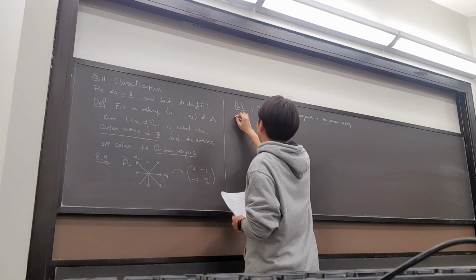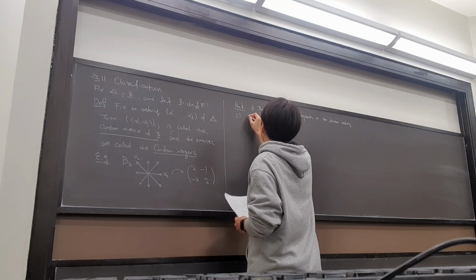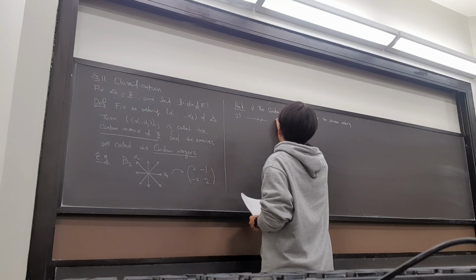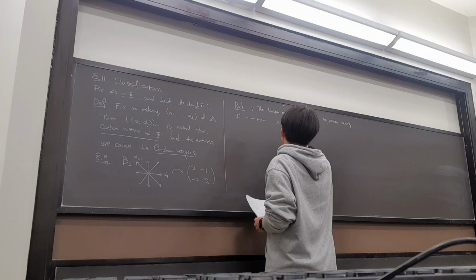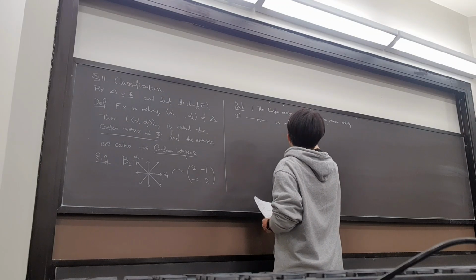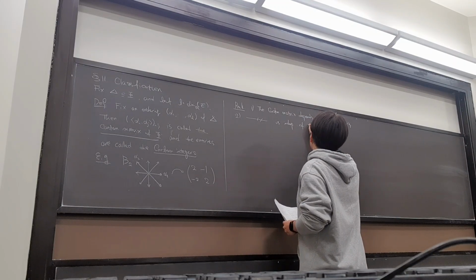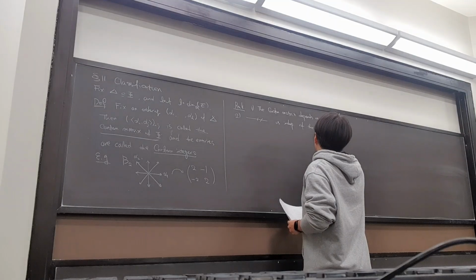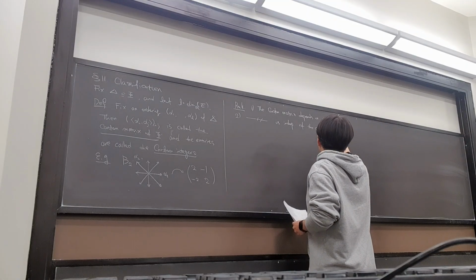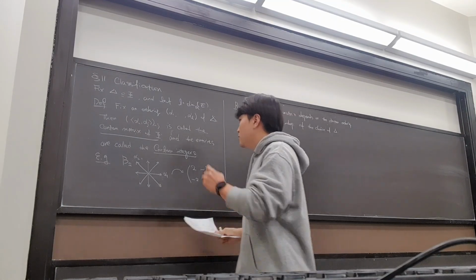But it's not a big problem because the Cartan matrix is independent of the choice of Delta.